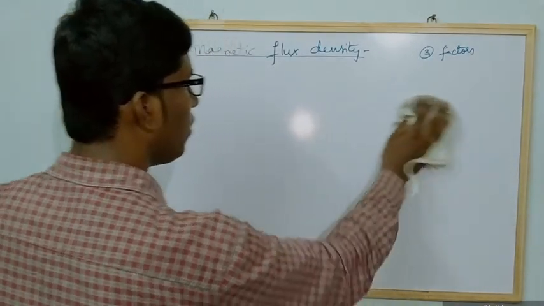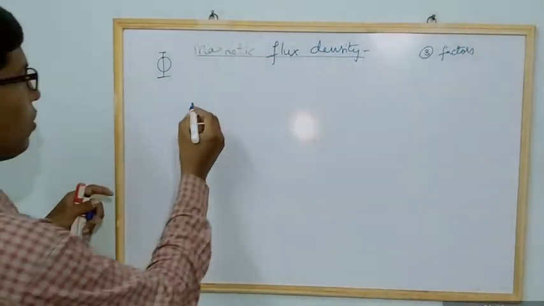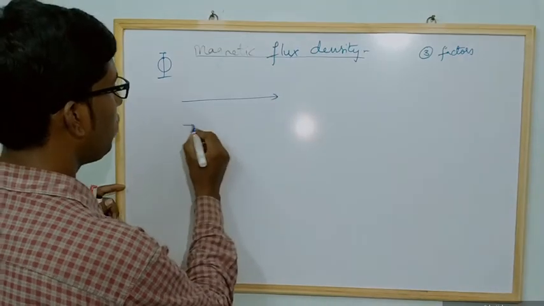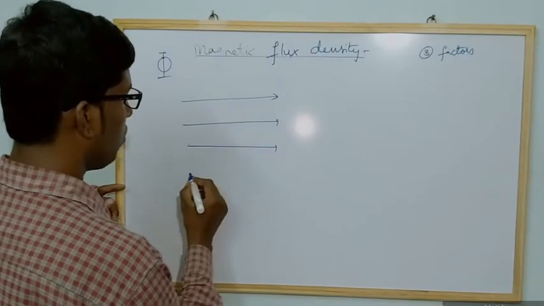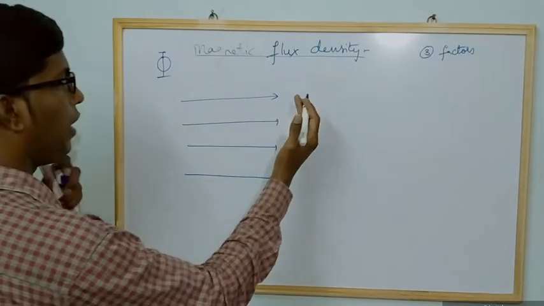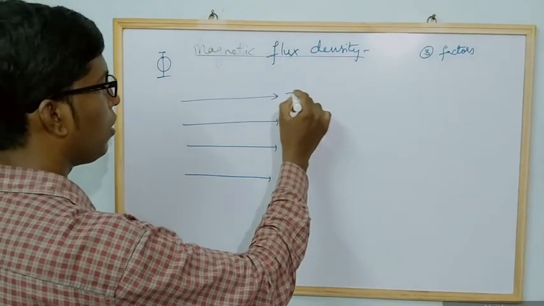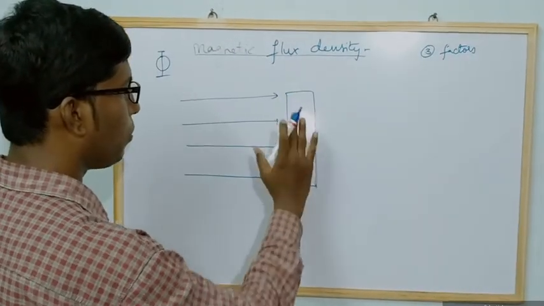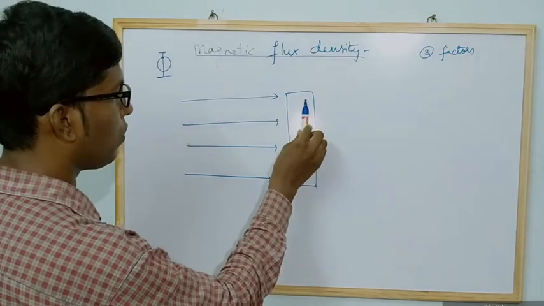Assume that in the second case these are the field lines which are passing, and in the first case I have placed the book in this manner. Suppose I change the position of the book like this.